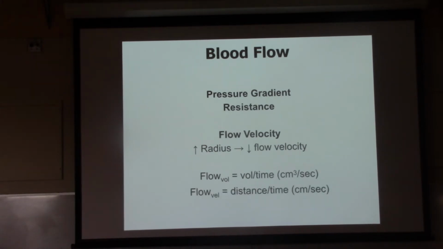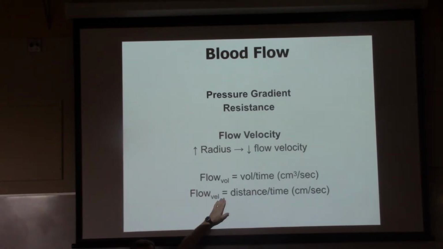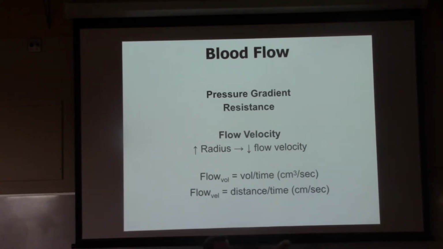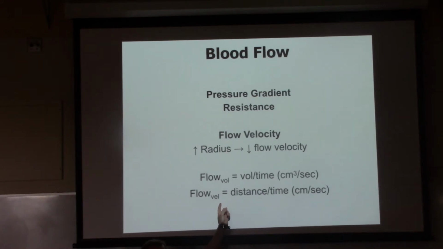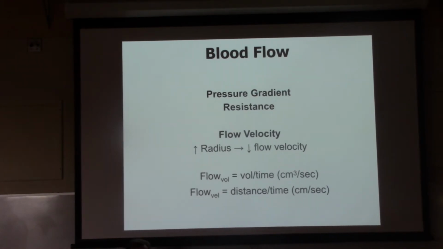Flow by velocity, which is different, is going to have different units. This is distance per time, or centimeters per second. In our little imaginary system, we're going to have the flow by volume constant throughout the entire length of the vessel. What's going to change is the flow velocity and the radius.